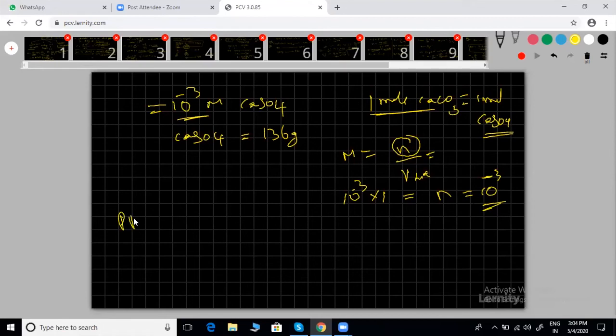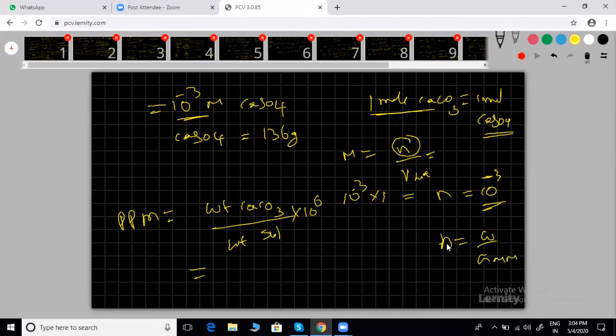What is the ppm formula, sir? Very simple: weight of CaCO3 by weight of solution, into 10 power 6. I know the number of moles of CaCO3. How to convert into weight? Today also we discussed that: n equals weight by given molecular mass.